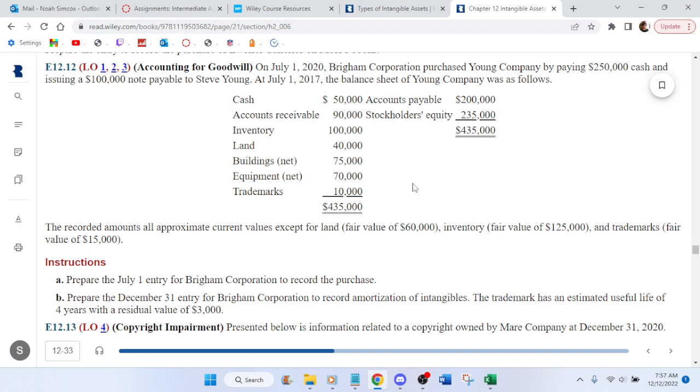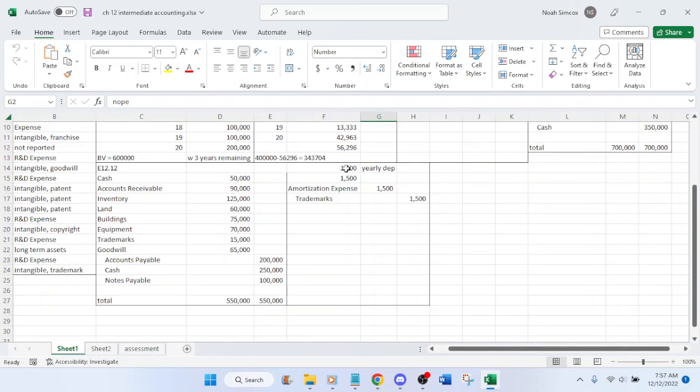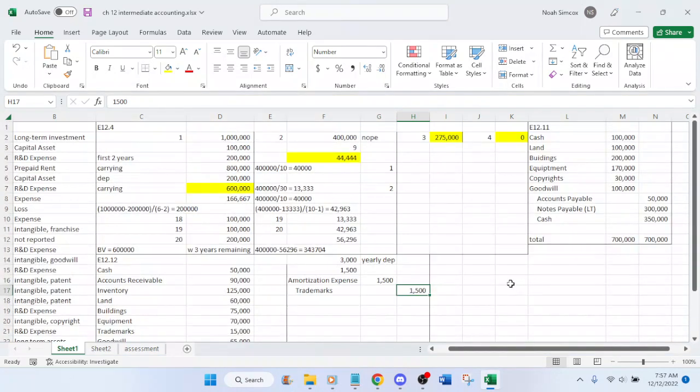We multiply it by half of a year. And that's how much the amortization is. I keep saying yearly depreciation, but it's not. So it's 3,000, and that's that. So we have amortization expense, trademarks. Okay, I got that.